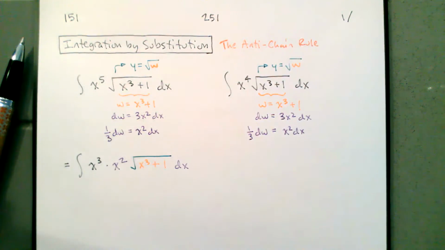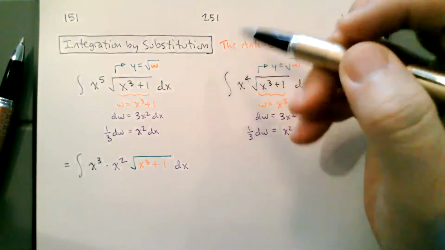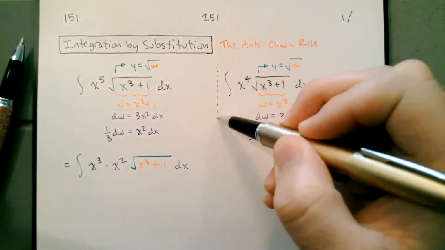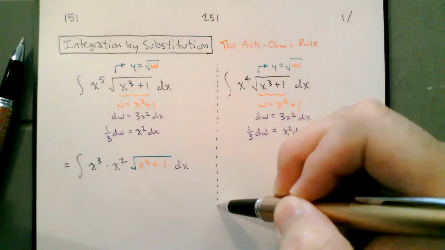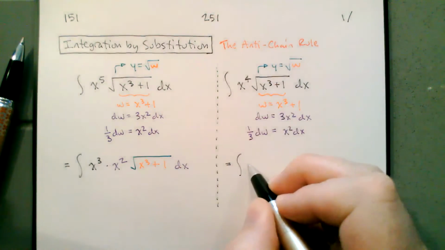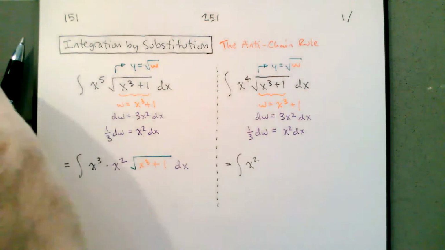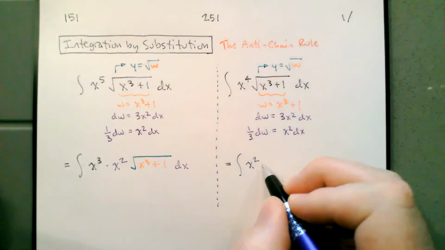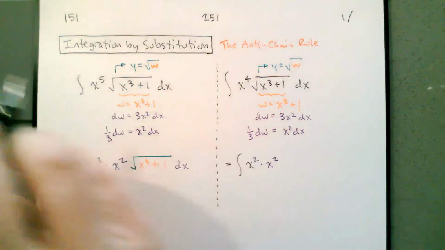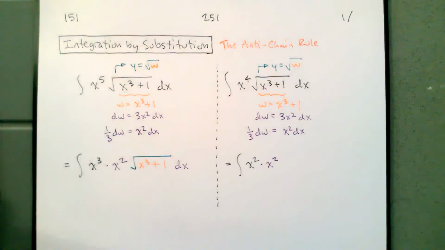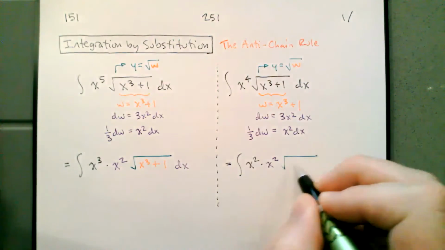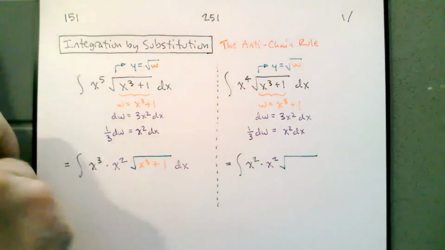On the other problem, we'll use the same technique. But we're splitting an x to the fourth. So there's an x squared times x squared. Now I'm setting aside this second x squared to be the dw. And I have the square root of x cubed plus 1.